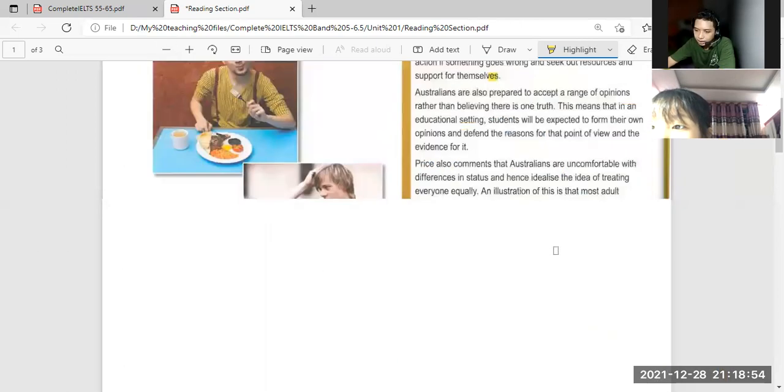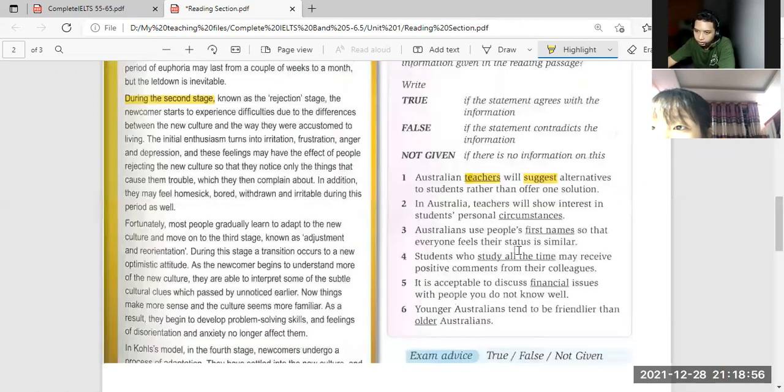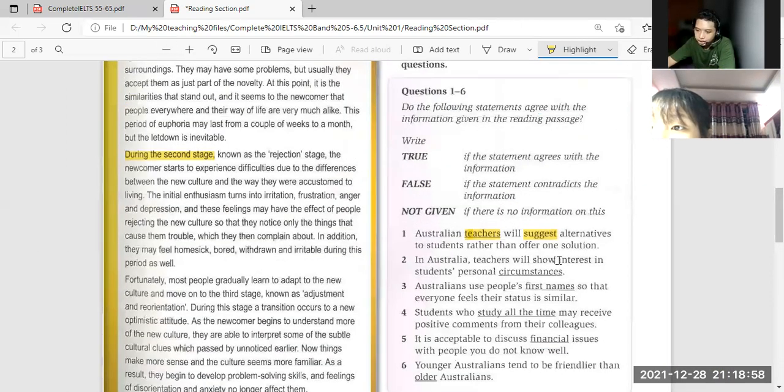Now let's look at the statement again: Australian teachers will suggest alternatives to students rather than offer one solution.